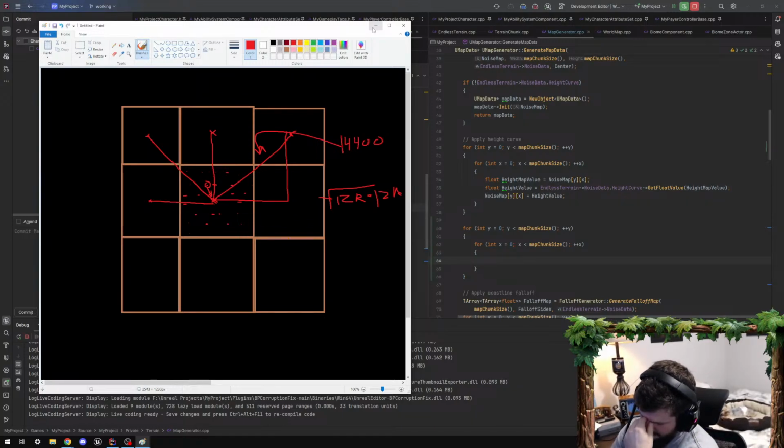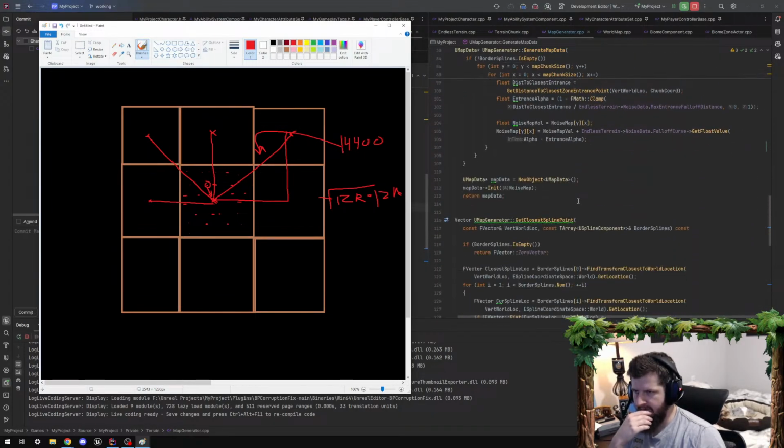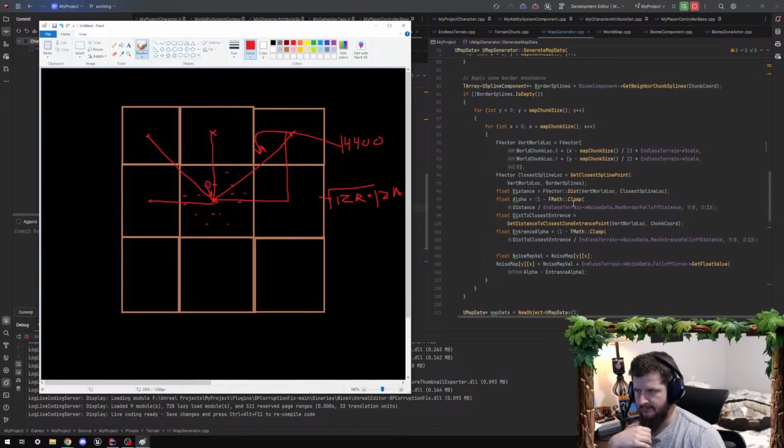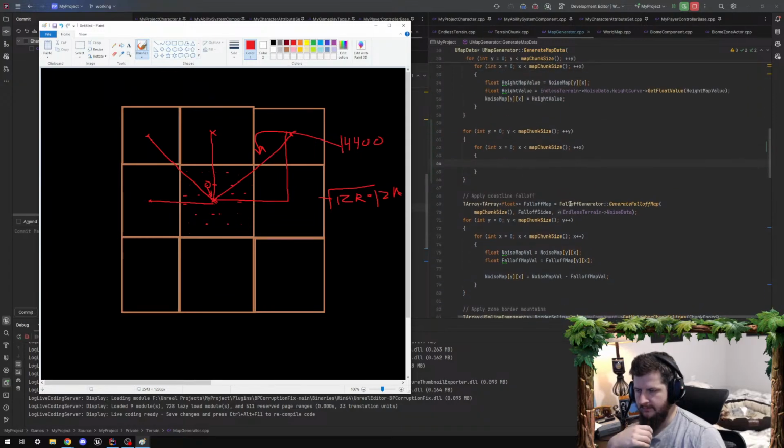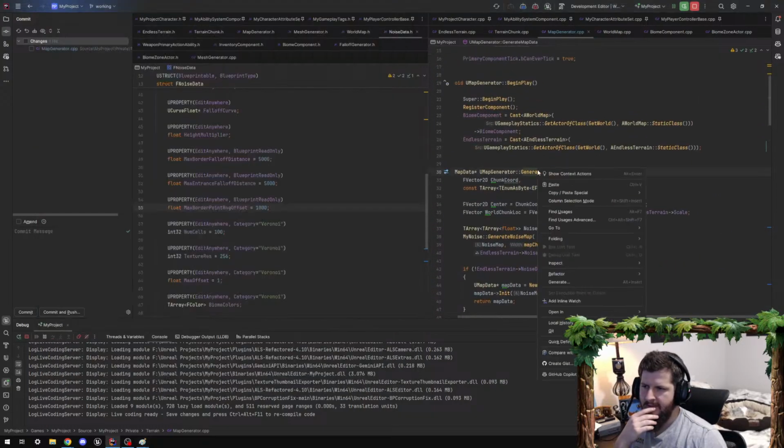And so, what was I saying I was going to need? For each vert, I need to know, do I just add onto its height after the height curve? Because the height curve clamps it. But I think also, hang on, where am I using this?